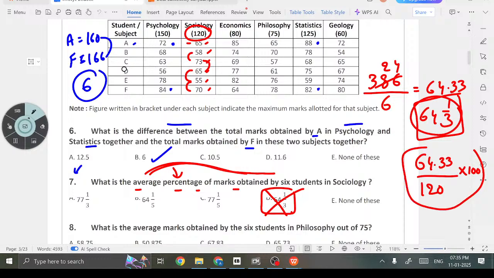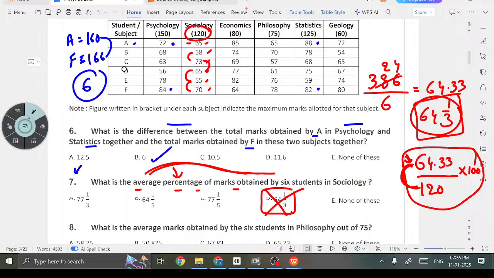Here you don't need to make so much effort to calculate this. Just understand that this is half of it, almost, a little bit more. So if it is a little bit more than half, that means it should be a little bit more than 50%.